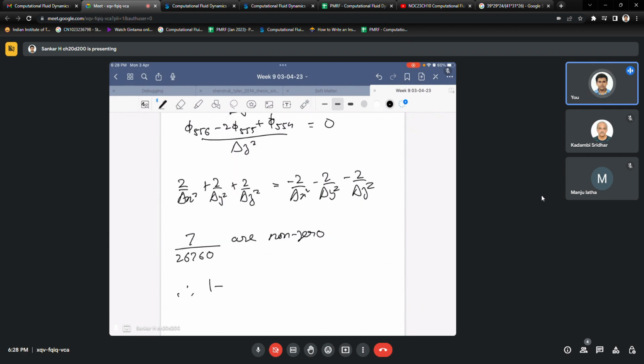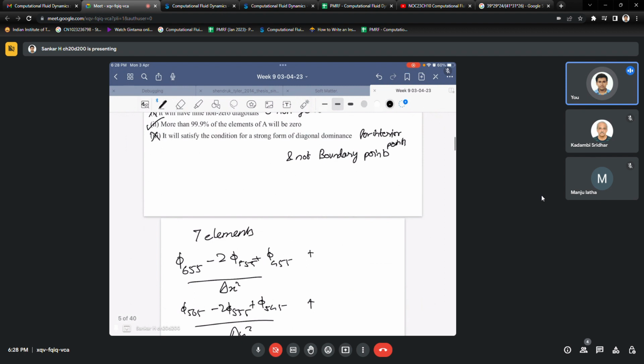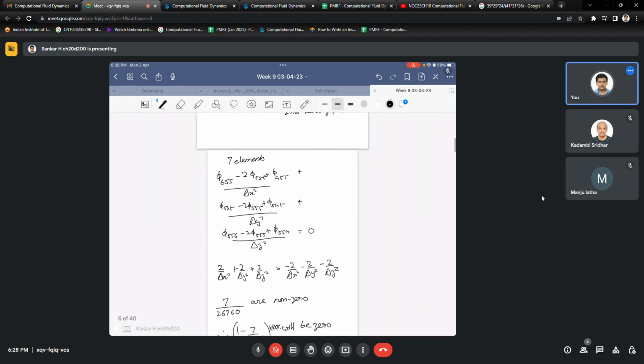Therefore, 1 minus 7 by 26,760 will be 0, and this value times 100 percent, sorry, that statement is correct. More than 99.9% of A will be 0.